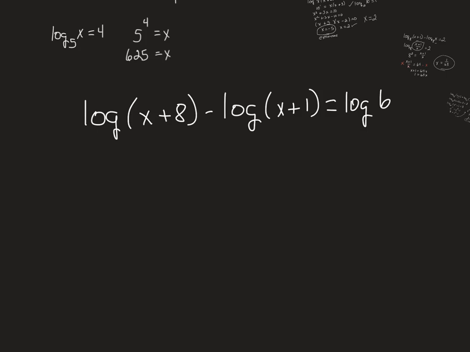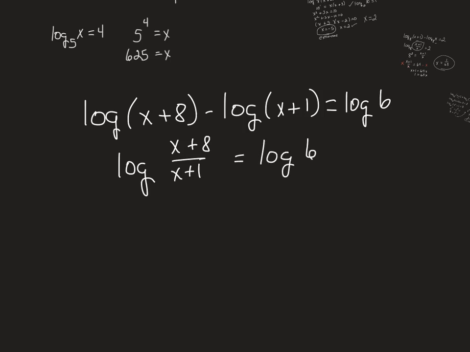Okay, one last problem. Notice here we have logs on both sides. On the left side, I'm going to combine, just like I did on the last problem. We'll have the log of x plus 8 over x plus 1 equals the log of 6.